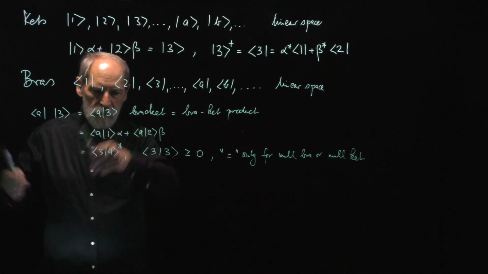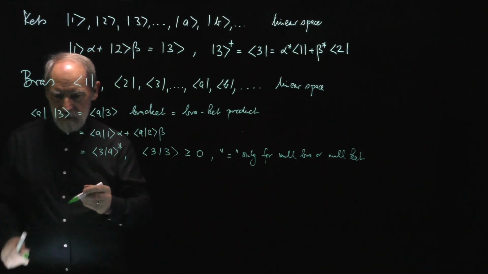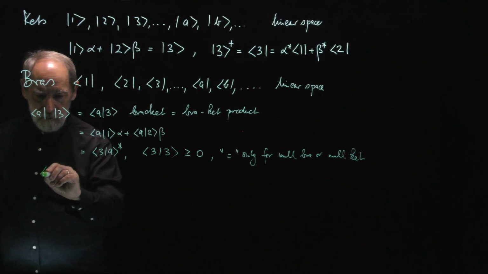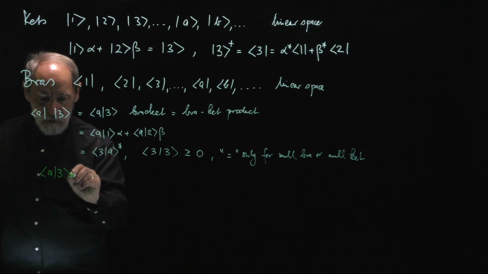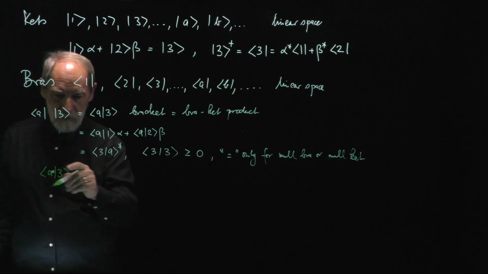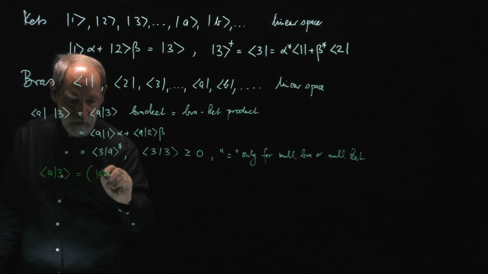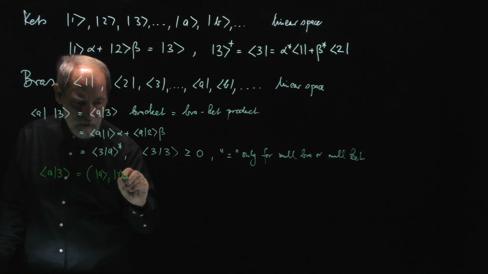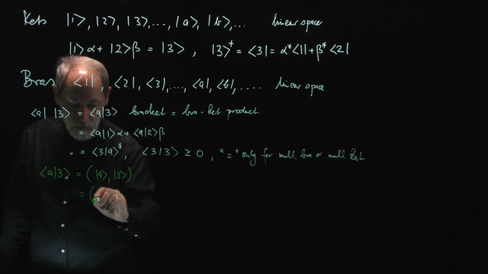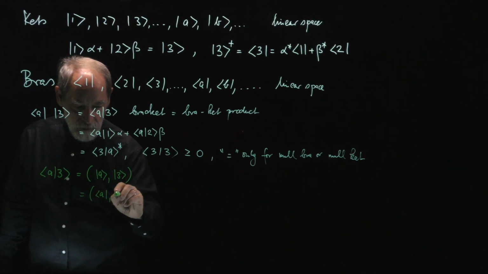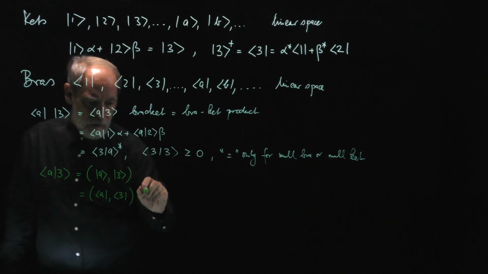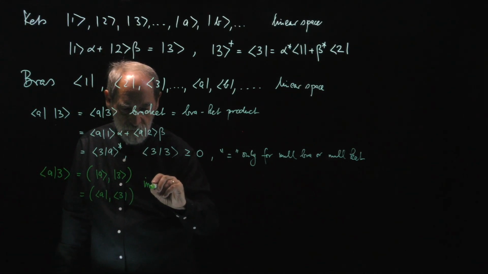So all these properties together say that the bracket formed of A and 3 is an inner product of the ket A with the ket 3, and it's also an inner product of the bra A and the bra 3. So these are inner products.